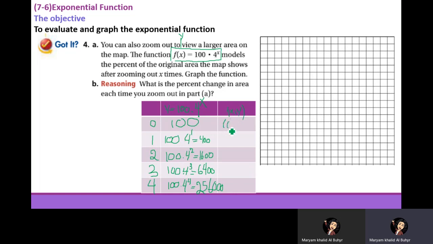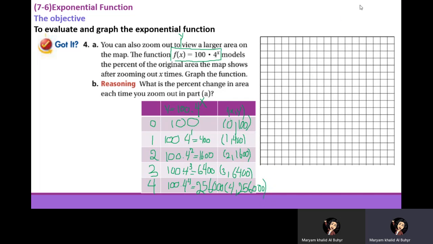So 0 and 100, 1 and 400, 2 and 1,600, 3 and 6,400, and 4 and 256,000. I'm not going to sketch this point because it will be far away in my graph.